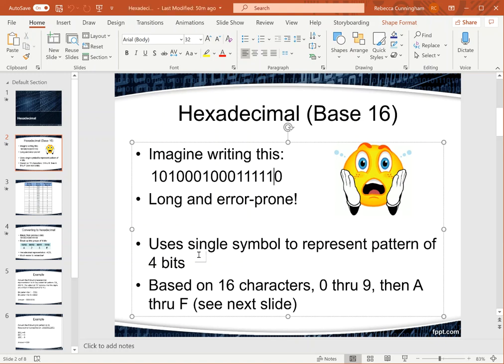So someone came up with the idea to use a sort of shorthand notation when talking about different bit patterns. We use a single symbol to represent a pattern of 4 bits, and it's based on 16 characters, 0 through 9. That's only 10 digits, so we have to borrow some letters, A through F, for that.